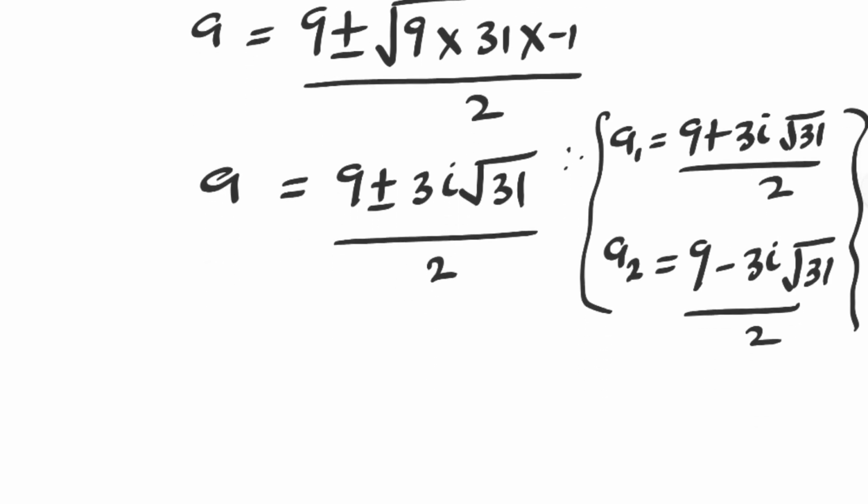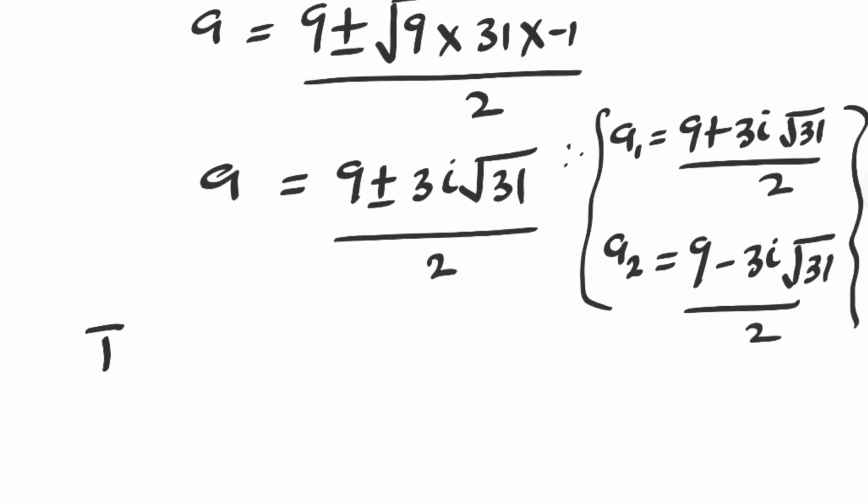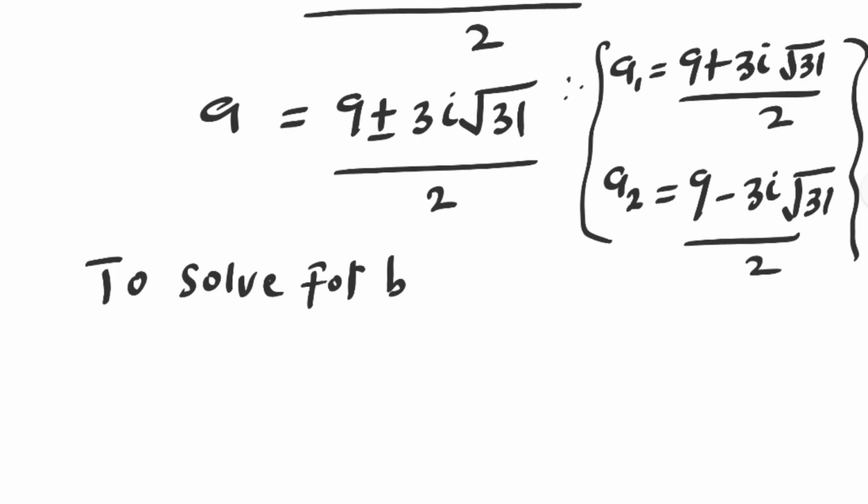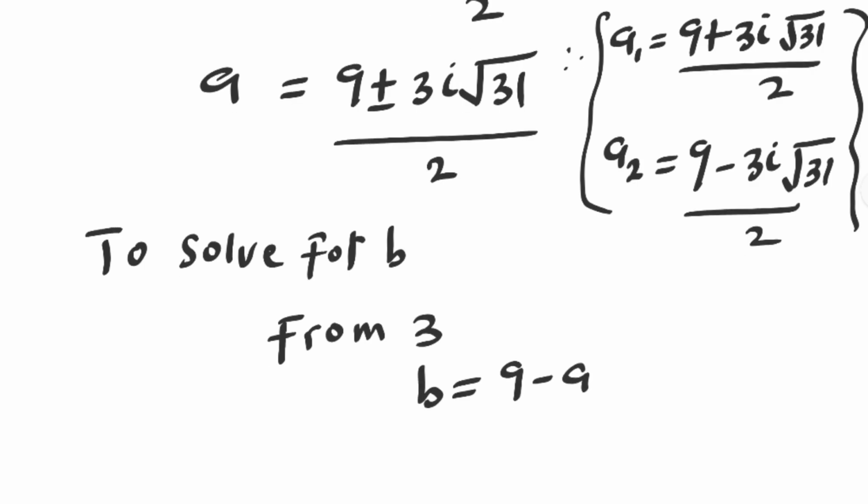We've gotten the values of a. Let us solve for b. To solve for b, from equation 3, b is equal to 9 minus a.